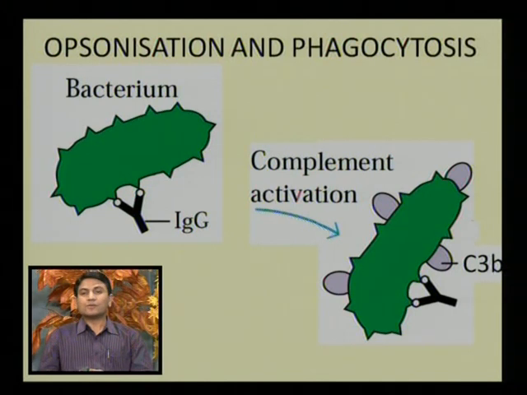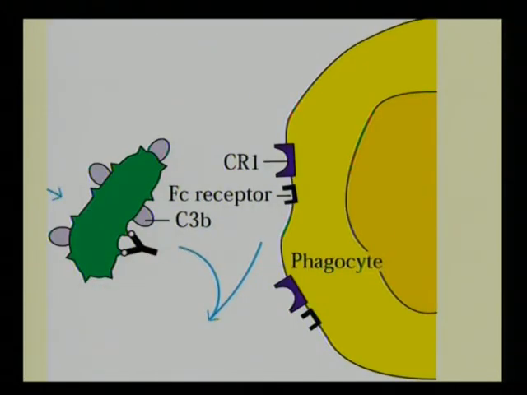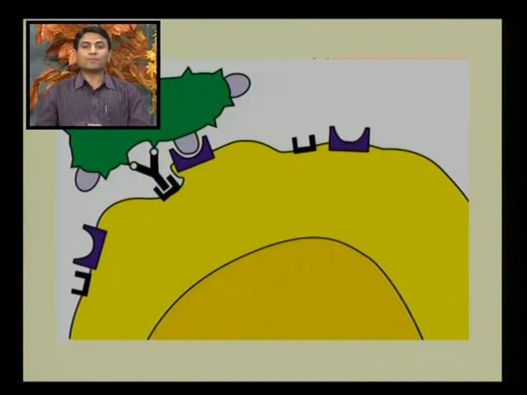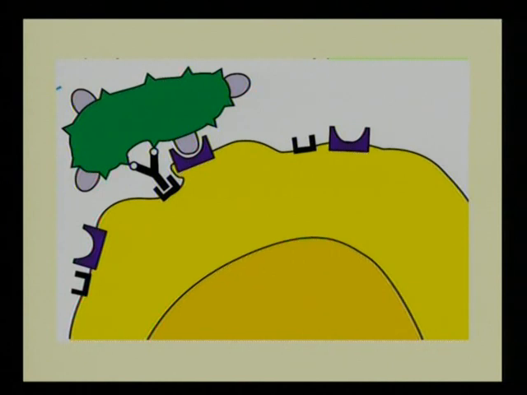Similarly, phagocytosis. On the phagocytic cell a number of receptors are there, as you can see over here. That is, CR1 complement receptor 1 is there, and the FC receptor is also there on the phagocytic cell. Phagocytic cells are those that try to engulf the microorganism, the foreign organism, and destroy it.